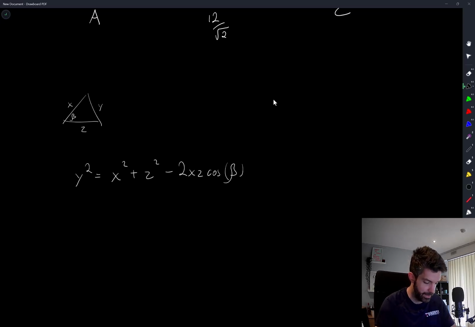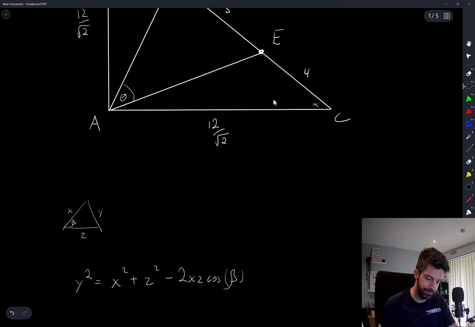I mean, when beta is equal to 90 degrees, this becomes the Pythagorean theorem. When beta is equal to 0, we would have y is equal to 0 and x and z must be equal to each other. I think this is the cosine law.